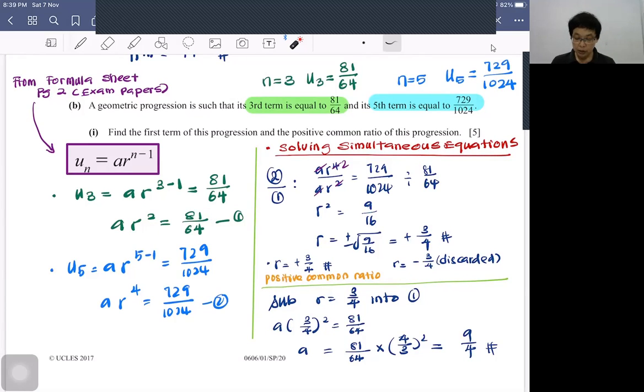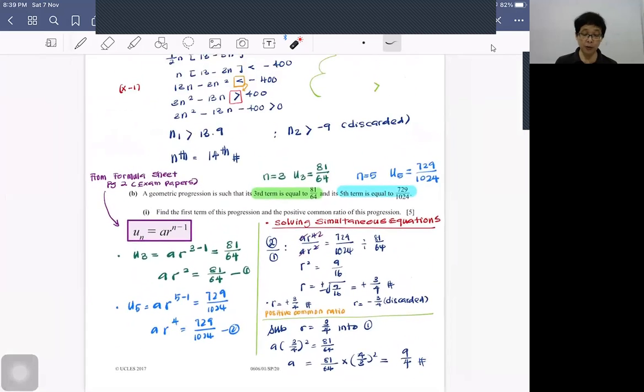By dividing this over, with the help of a calculator, I have got a as 9 over 4, and then it is full mark answer. The 5 marks are allocated, and 5 marks are secured by you and me and all of our friends.